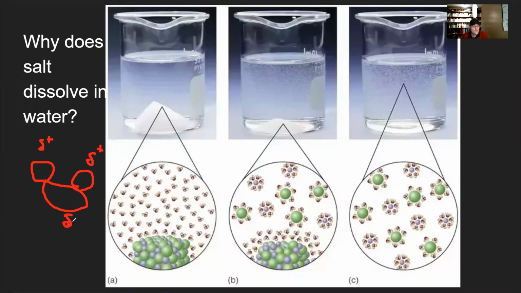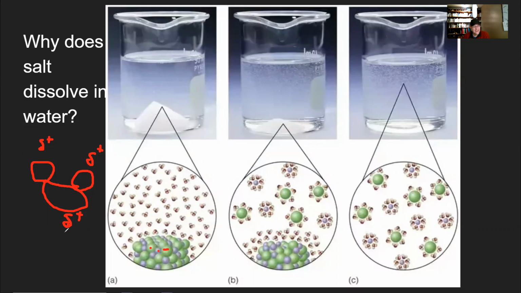So if you were to then combine that with the ionic salt crystal, sodium chloride ions are going to have an attraction for each other, which holds the crystal together. So you have this attraction within the formula units of the salt, and then the water will be attracted to those components. So for example, the chloride ions are the green, so those will be negative.